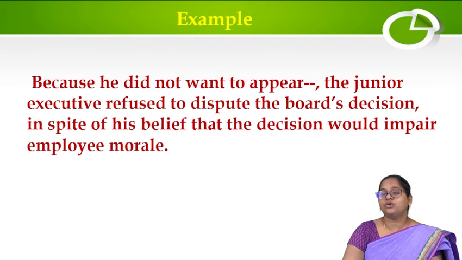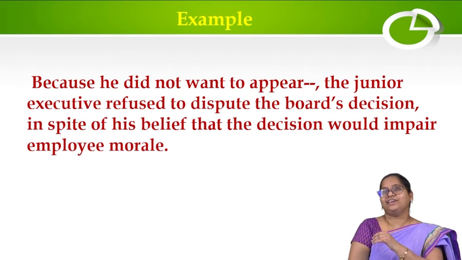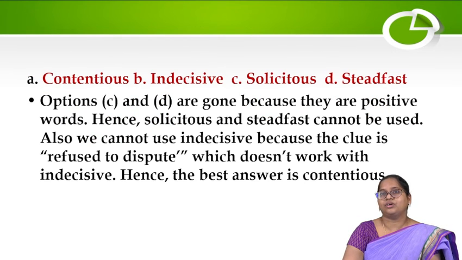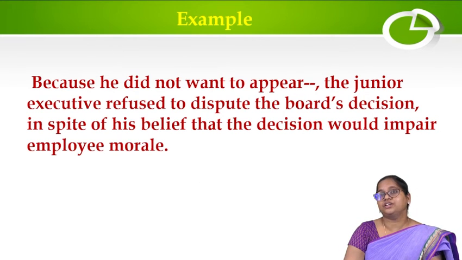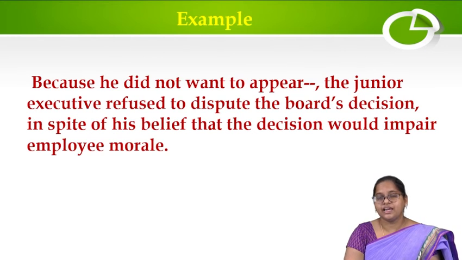Because he did not want to appear what? Contentious, indecisive? Here, the junior executive refused to dispute the board's decision. He did not want to appear indecisive, unable to decide whether it is appropriate or not.